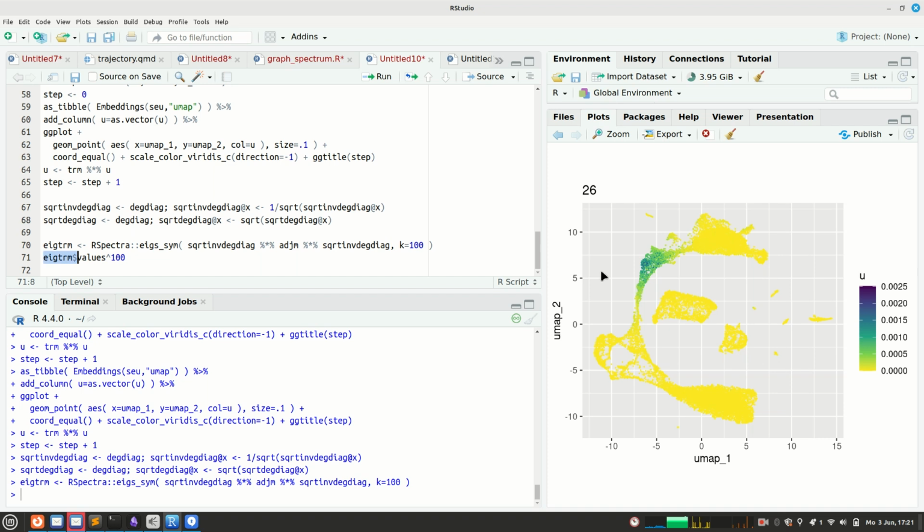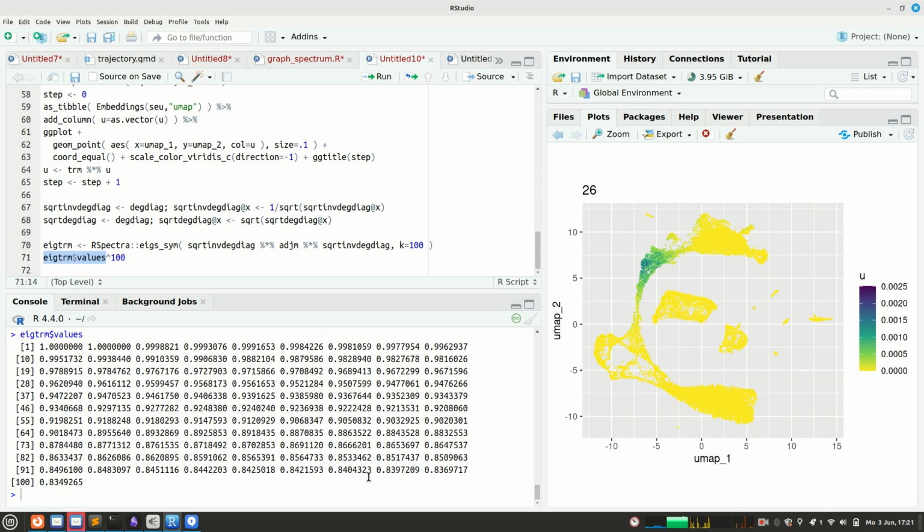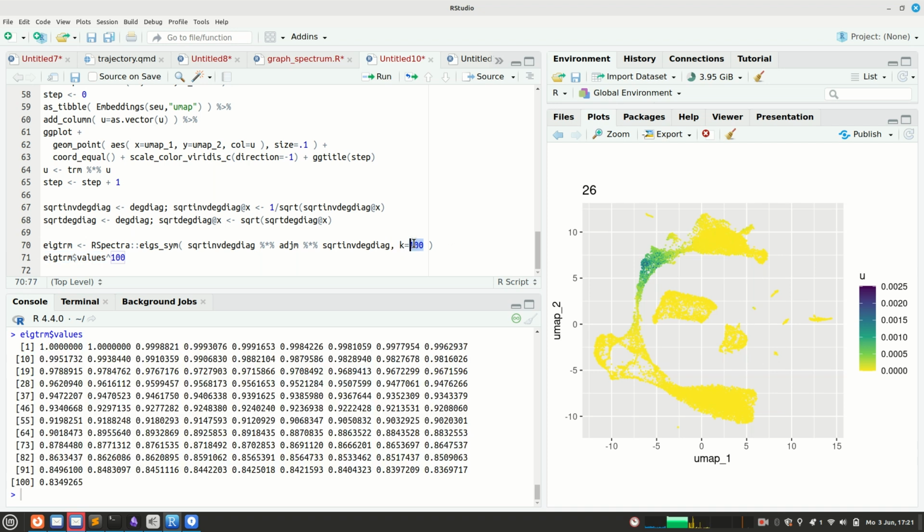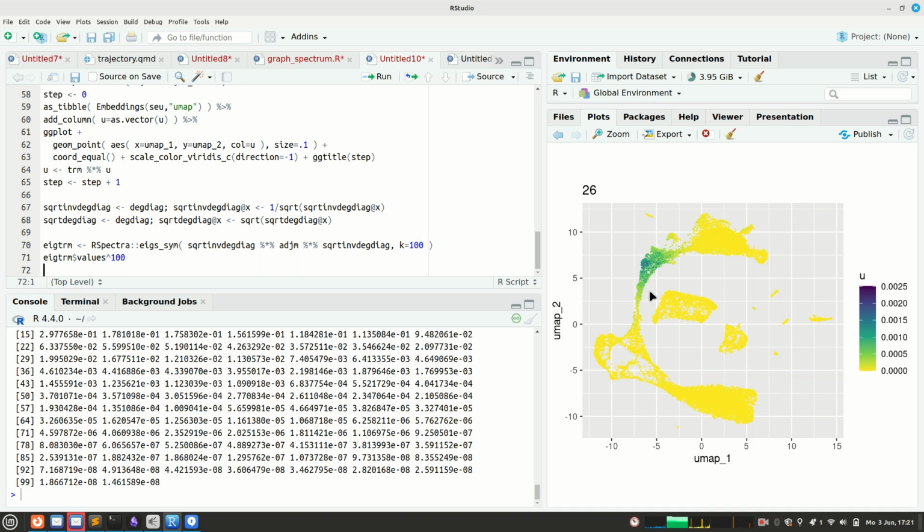Here are the eigenvalues, and as you can see at first hand, it doesn't look that great. The eigenvalues don't go down that quickly. Remember, this is an 18,000 by 18,000 matrix. We take the eigenvalues, and we hope that we can get away with only looking at the first 100 eigenvectors. Imagine we want to make 100 steps.